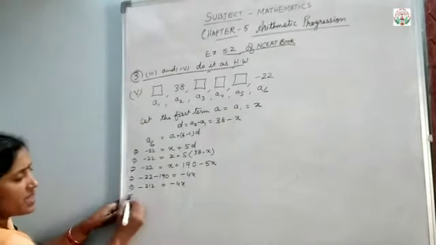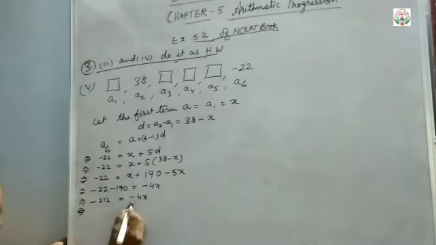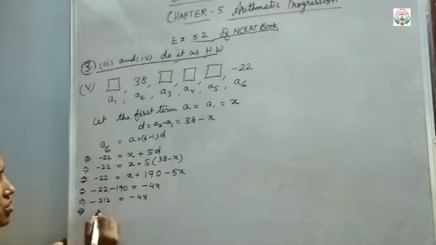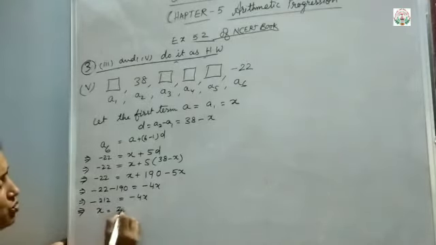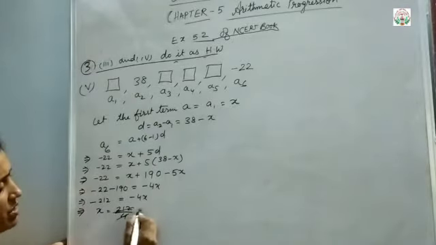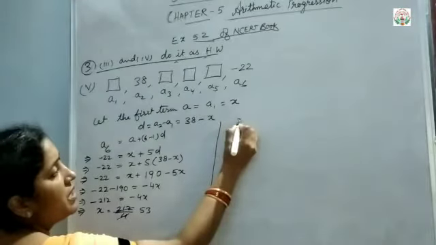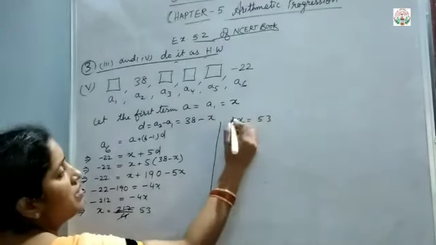Both sides have a minus sign, so that will cancel off. So X equals 212 upon 4. On cancelling we get 53. Thus X equals 53.